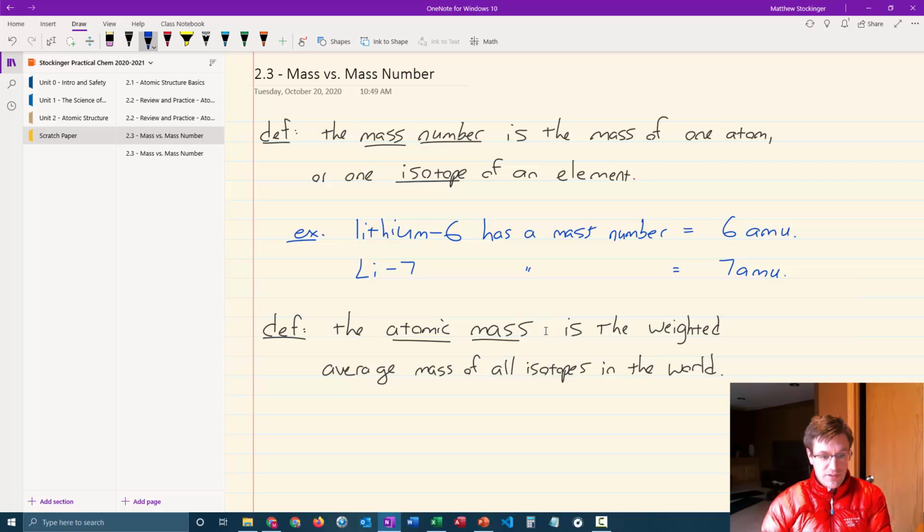So, for example, lithium has atomic mass 6.94 AMUs. Okay, it's an average. There is no single atom of lithium with a mass of 6.94. This is the average of all the lithium atoms in the world, the weighted average.